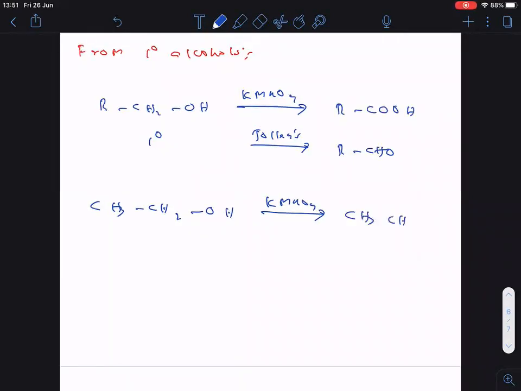CH3COOH, clear? CH3COOH is formed, acetic acid is formed. Completed?